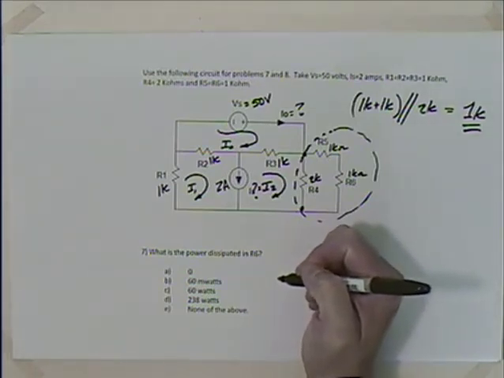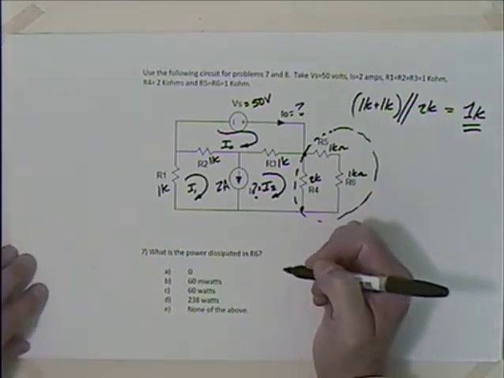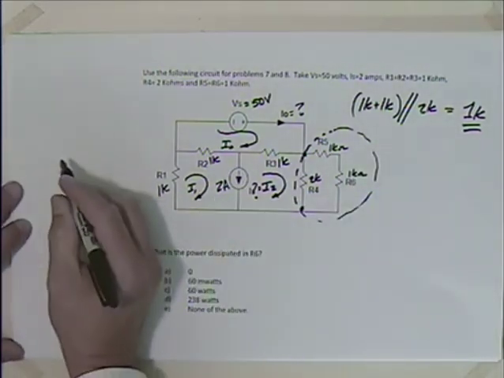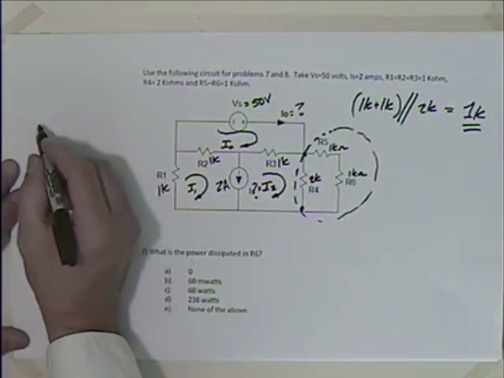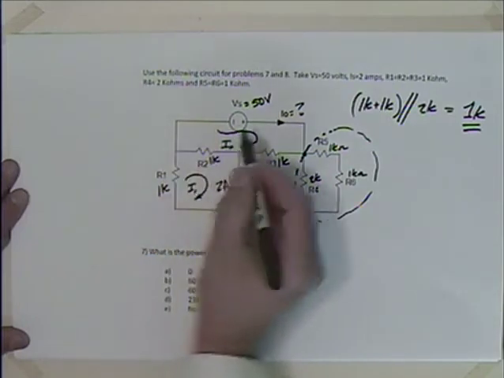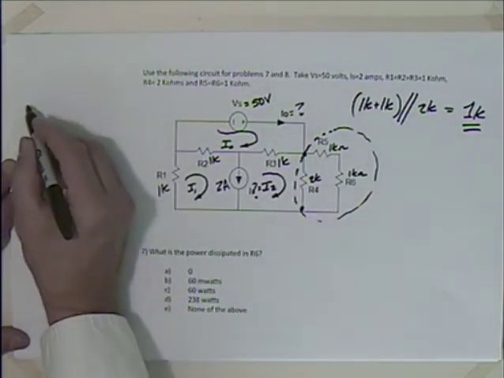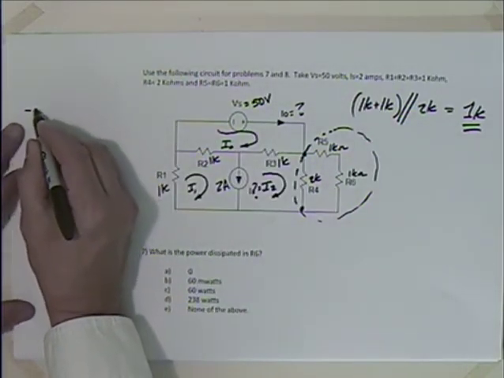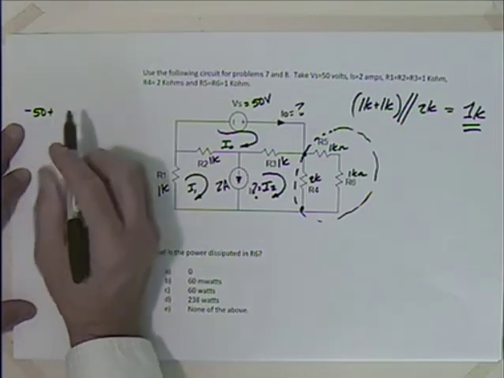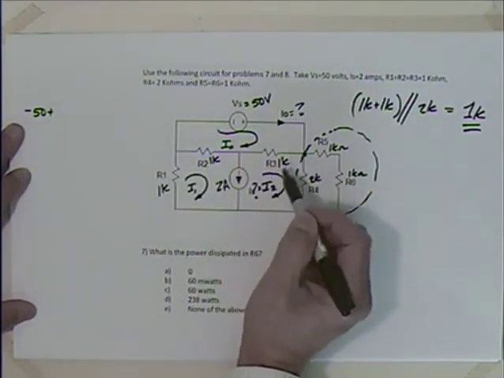So let's go ahead and do some mesh analysis. The equations that I would look at then would be going from there to there. That's a gain of 50. So I'm going to say minus 50 plus, what do we have?